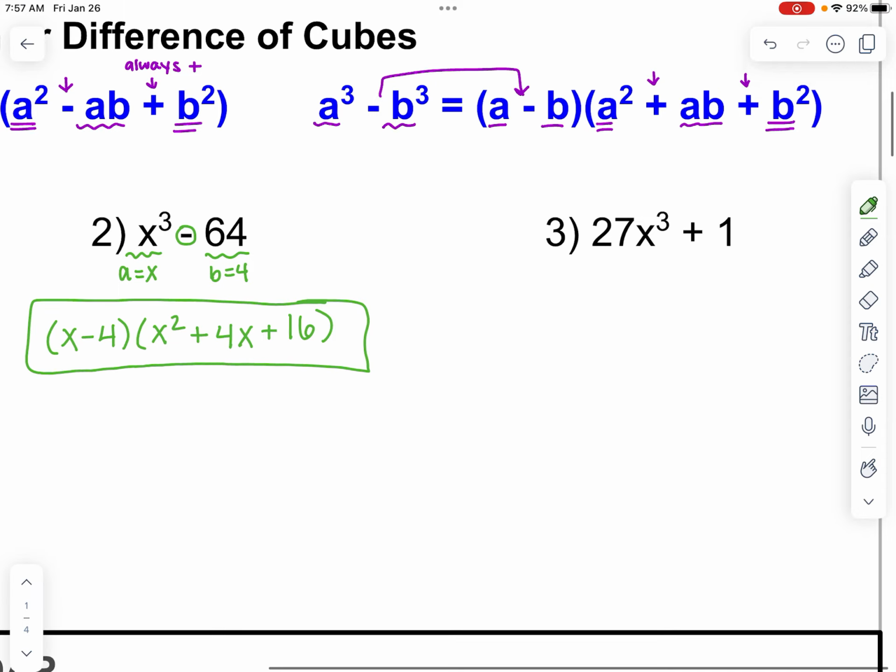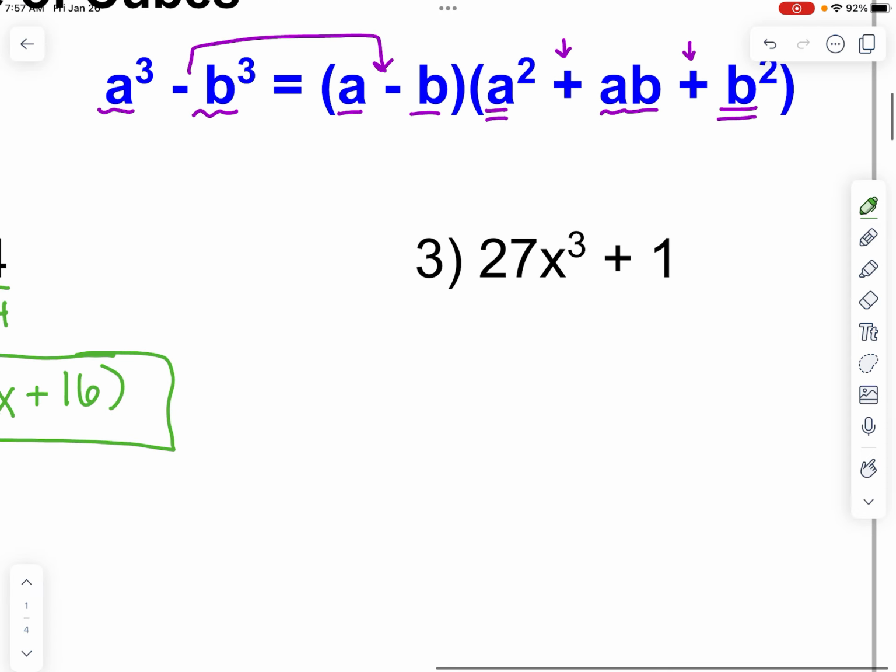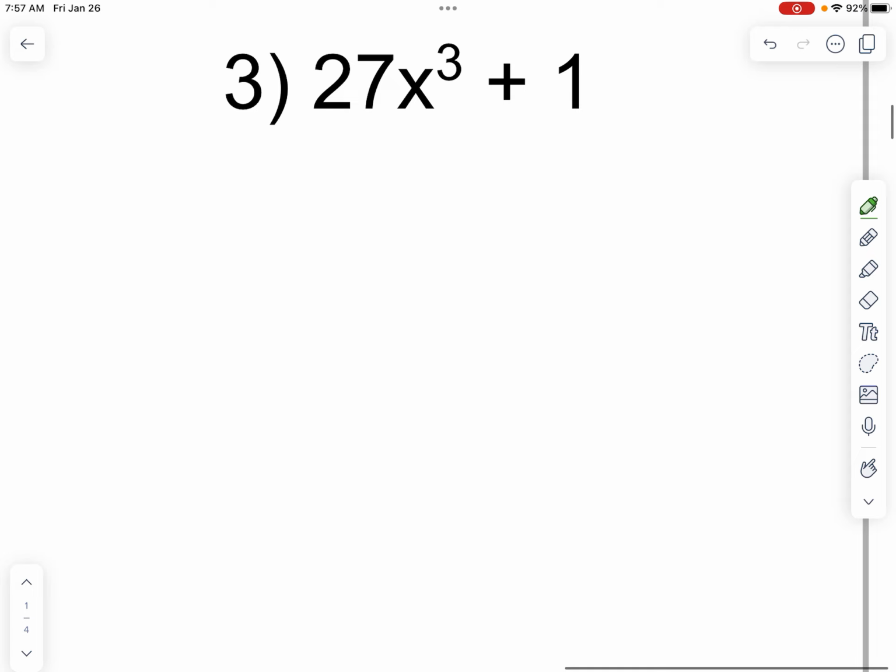All right, we have another one here. Now this one, there's a coefficient in front of x cubed, and that's okay as long as it is also a perfect cube. And it is. 27 is a perfect cube. So for this first term, if a cubed is 27x cubed, then a is going to be 3x, because 3 is the cube root of 27, and x is the cube root of x cubed.